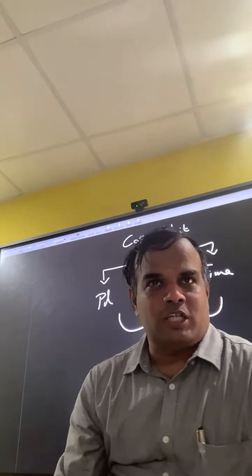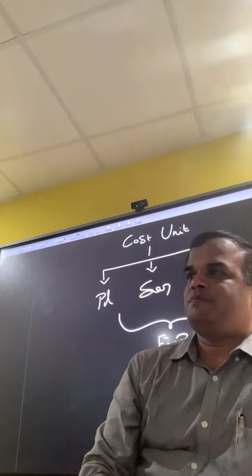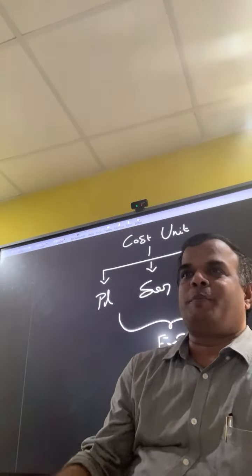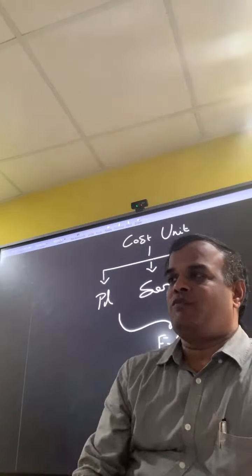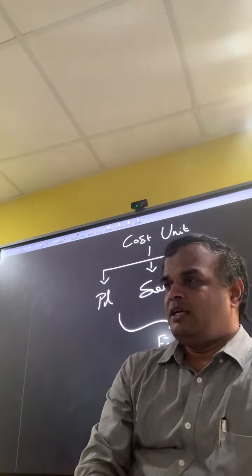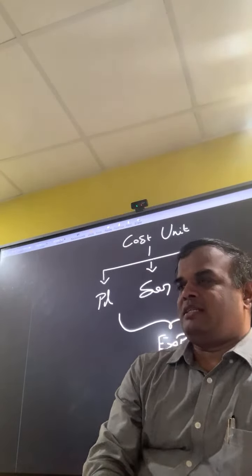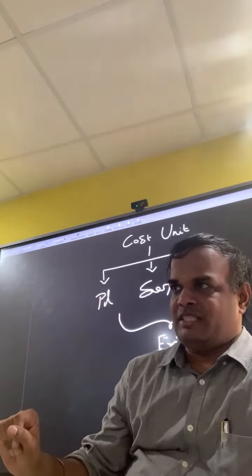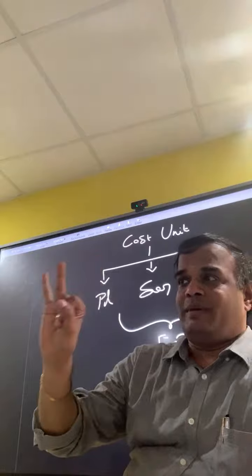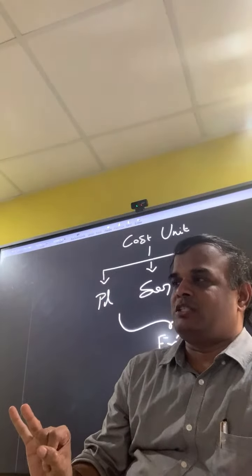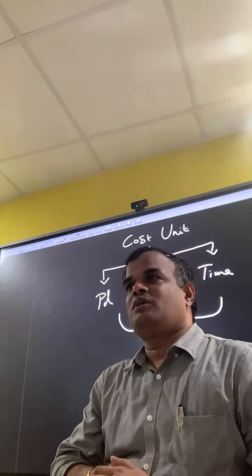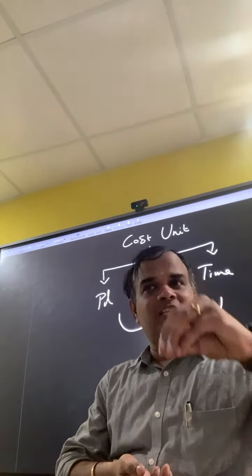Therefore the person in charge is the cost center, because I have to pay him. Machinery and equipment should also be there, then only we can do the production. For that also I have to incur the cost, so the equipment is also a cost center. So in the factory, location is a cost center, the person in charge is a cost center, and equipment is a cost center. Then only you can do the business, so there I am going to incur the cost.